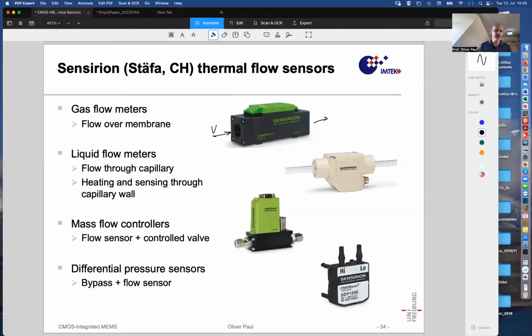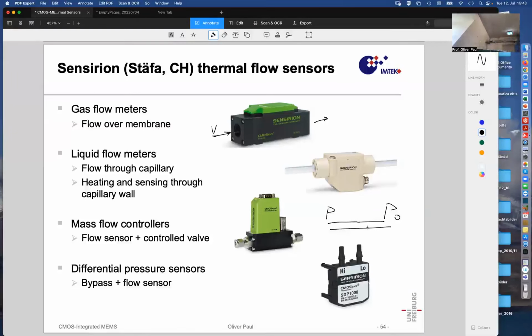And then you can also do differential pressure sensors. So if you have some pressure P at one location and some P0 at another location, you can of course measure. You just connect the two locations with a tube, and then the pressure difference makes the flow.